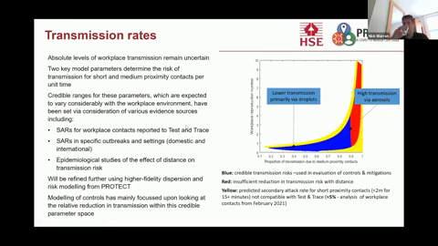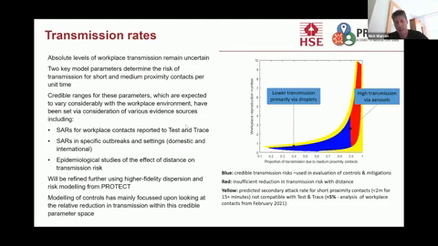So moving on to the transmission rates. What I mean here by transmission rate is the probability of transmission during a contact or the cumulative contact over a 24-hour period between a pair of individuals.